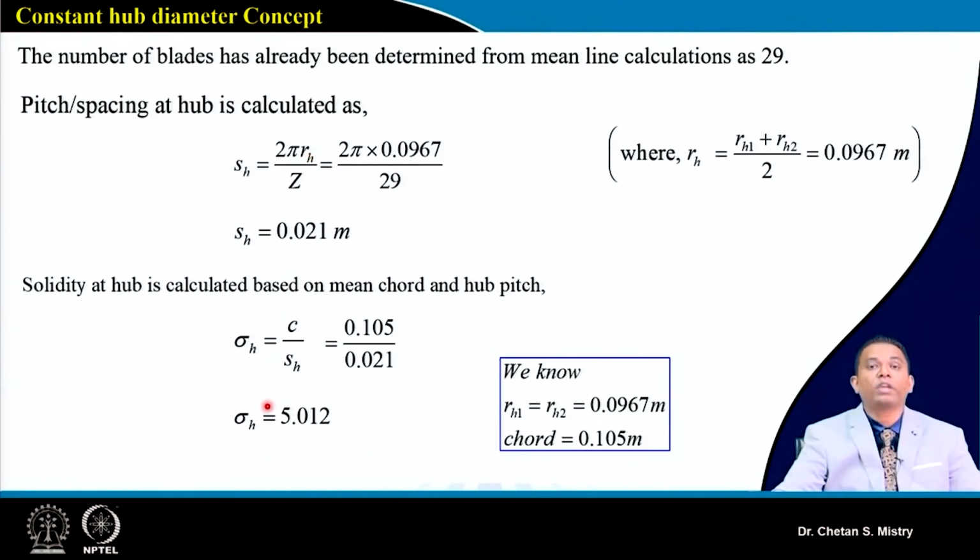Now here in this case, let me put a comment. In all designs that we discuss or will be discussing, we are configuring our chord to be constant from hub to tip. But in order to manage the flow, particularly near the hub region, many times designers prefer to change the chord length.